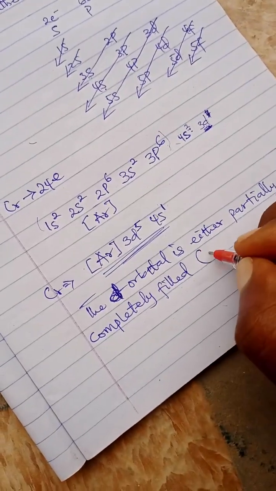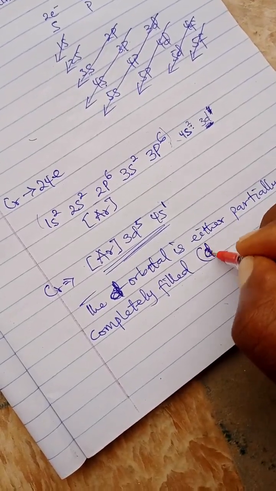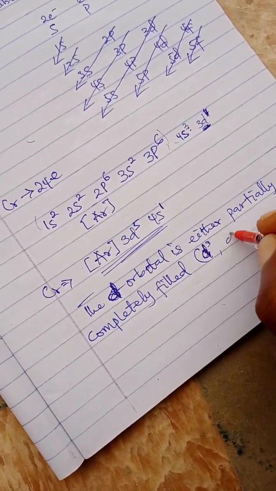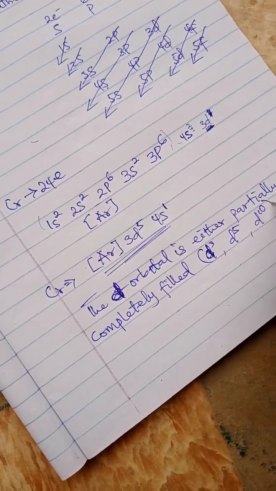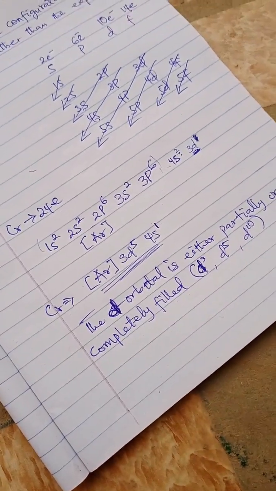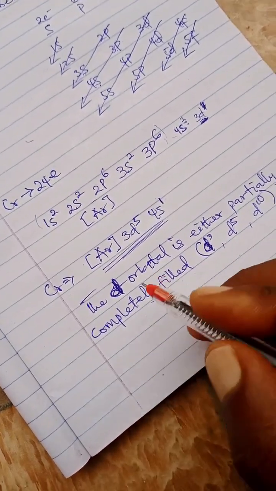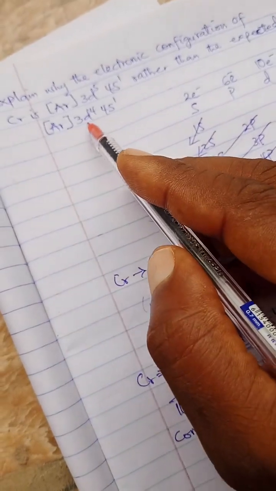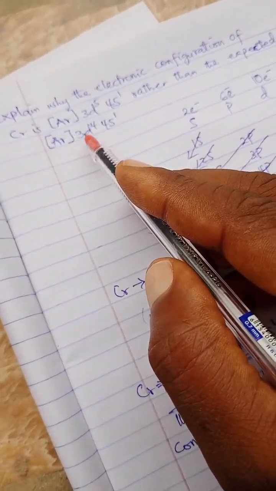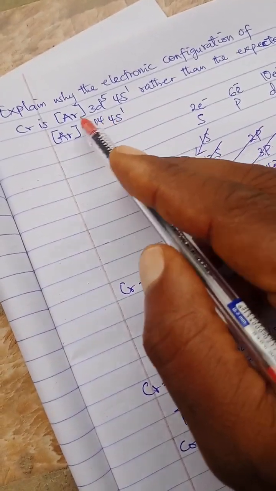So you can have d3, you can have d5, or you can have d10. This is how the d orbital exists. So this is why chromium doesn't stay as 3d4, no, it doesn't stay this way, rather it stays this way.